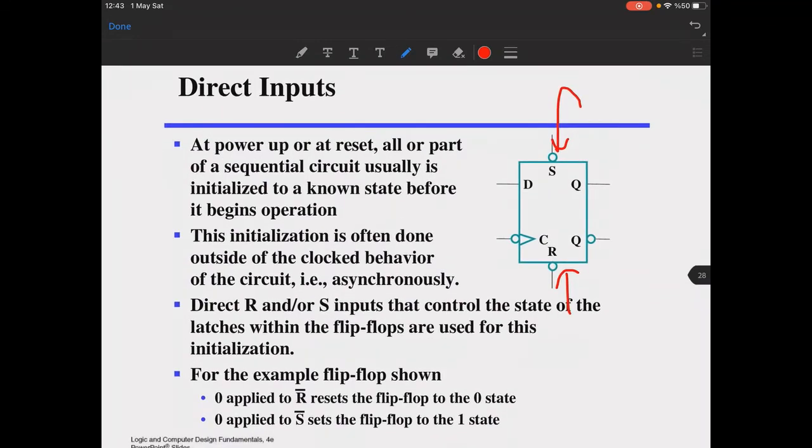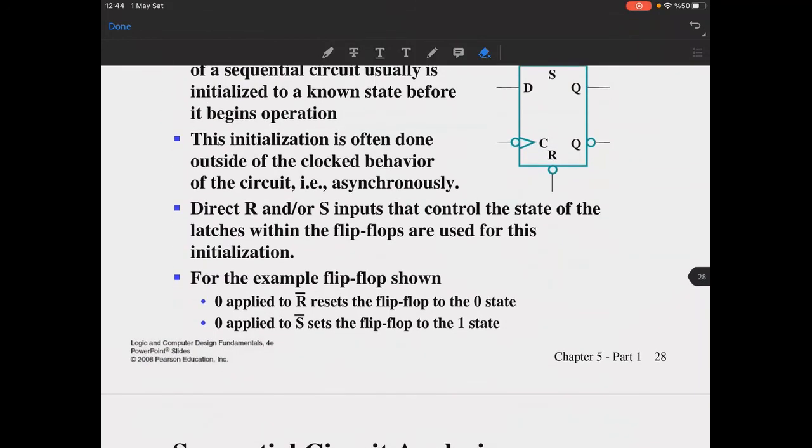If 0 is applied to reset here, the output will give you 0. If 0 is applied to set here, it means that you're forcing it to start from a particular state. This is what you need, because when you turn on the circuit, you want it to start from either 0 or 1, so that you can understand where it goes.